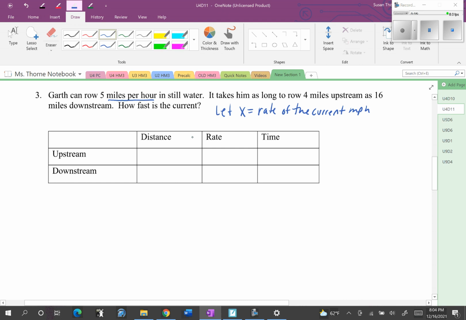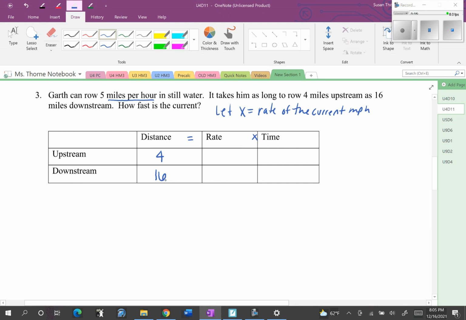So remember, distance equals rate times time. So the distance upstream, so it tells us it takes him as long to row 4 miles upstream as 16 miles downstream. And it says Garth can row 5 miles per hour in still water.